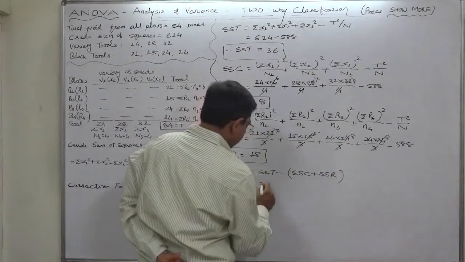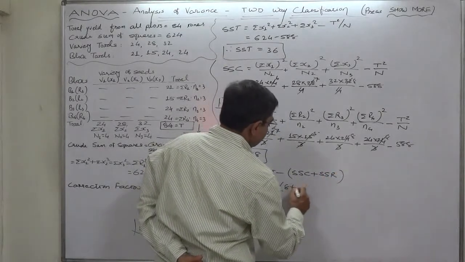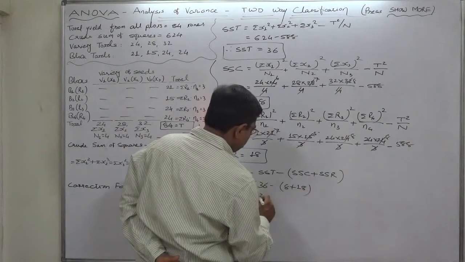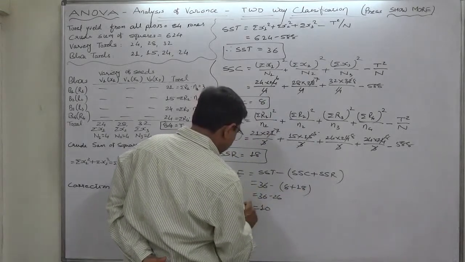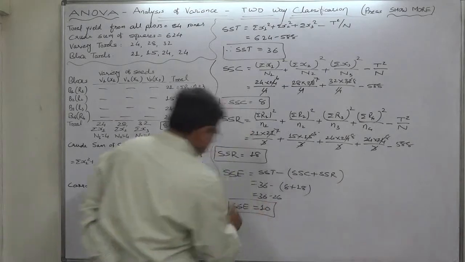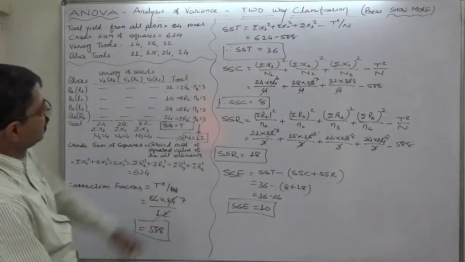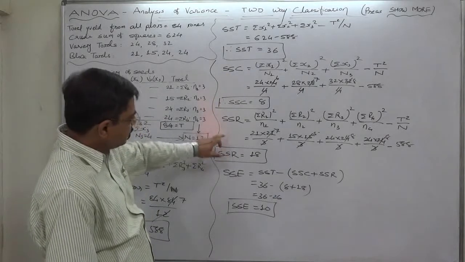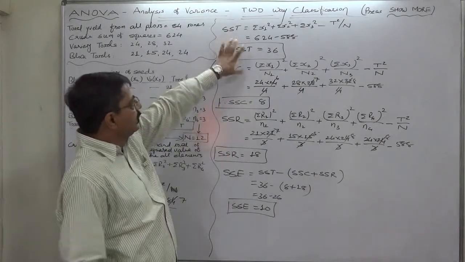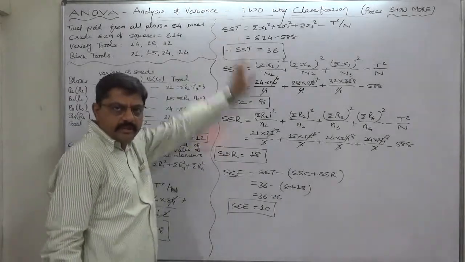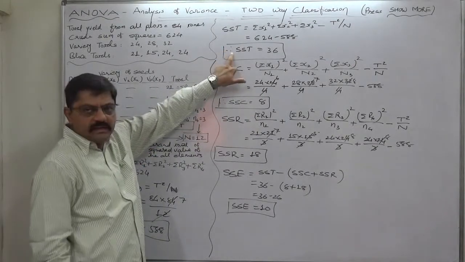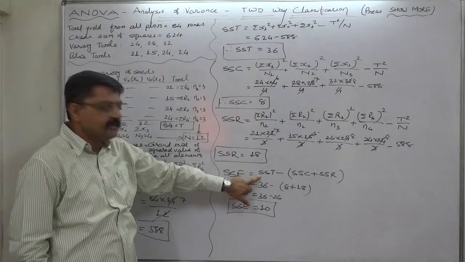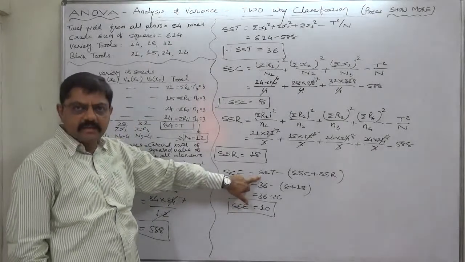It is 36 minus 8 plus 18, that means 36 minus 26, that is 10. SSE is 10. So now we have everything, SSC, SSR, SSE, which we ultimately found on the basis of SST. So we have to find SST to use it here, to calculate SSE by the shortcut.